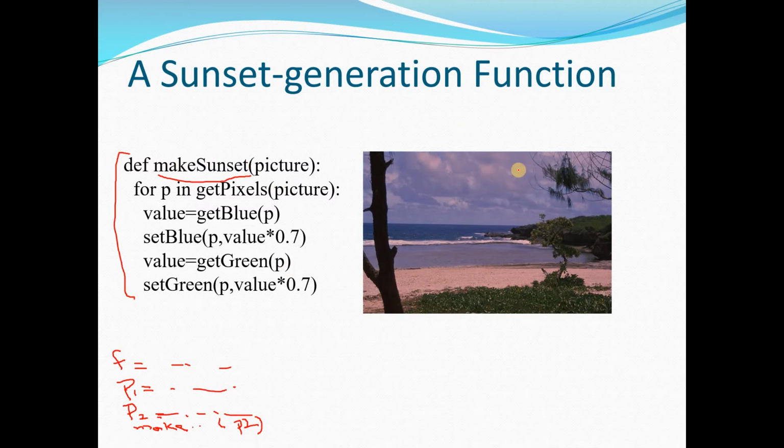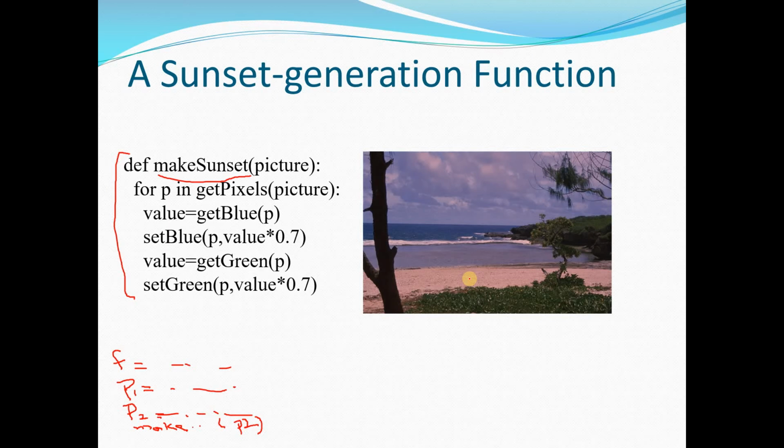So when you do this, the beach image will become like this. It will be a dull image with less light as it is in the evening. So this is the correct sunset generation function. Clear? Take your time. Don't go next until you have practiced this. Okay? So practice it, and then we will go next.